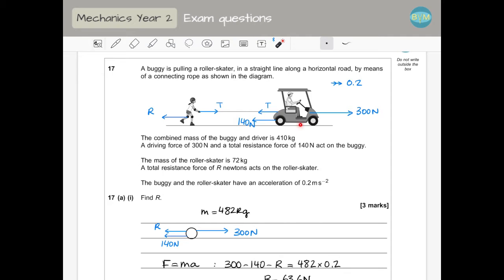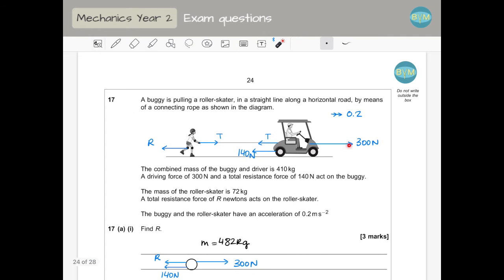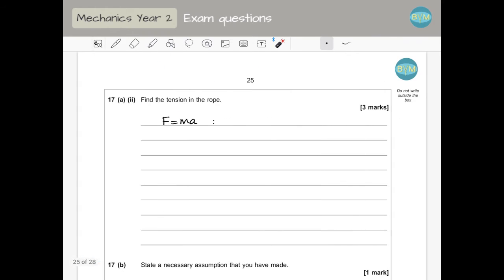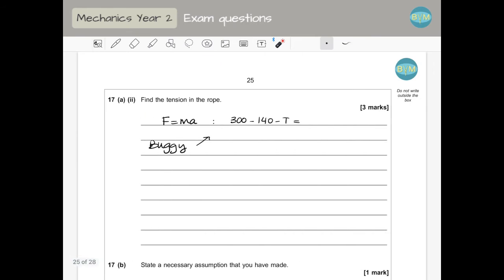Just in case. So if we apply the equation of motion just to the buggy, force is mass times acceleration. So the resultant force is going to be 300 minus T minus 140. So for the buggy, 300 minus 140 minus T is the mass of the buggy with the driver, which is 410, times the acceleration, 0.2.